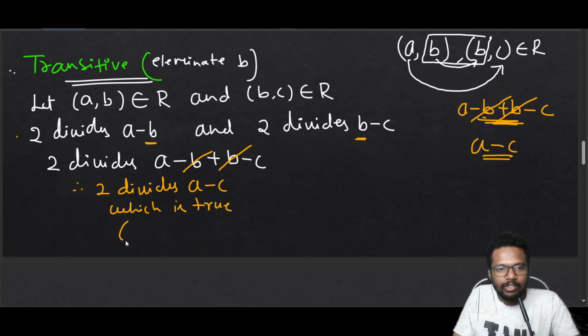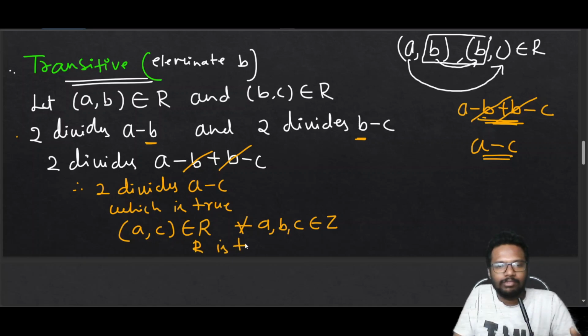If it is true, we can conclude the ordered pair a comma c belongs to R for all a, b, c belonging to Z, for any values a, b, c. If you take any values from integers, it is going to satisfy the transitive relation. So R is a transitive relation.